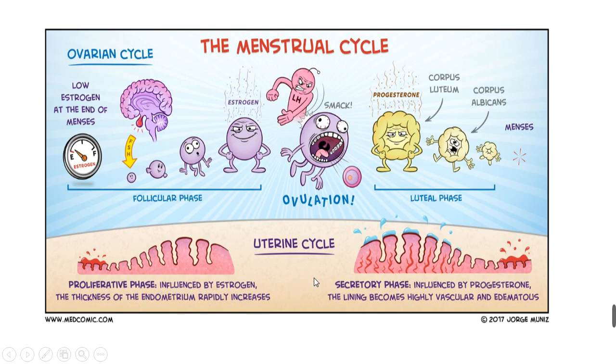Then after ovulation, the secretory phase will develop, influenced by progesterone, and the lining of the uterus will become highly vascular and edematous, which is a preparation for implantation of the new zygote. If no pregnancy occurs, then menses will develop.